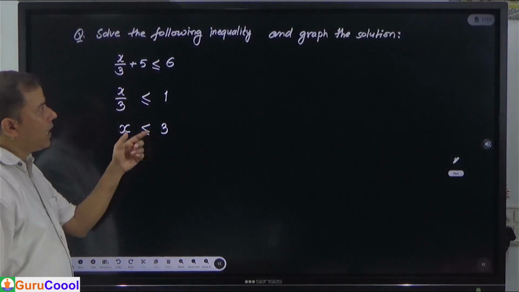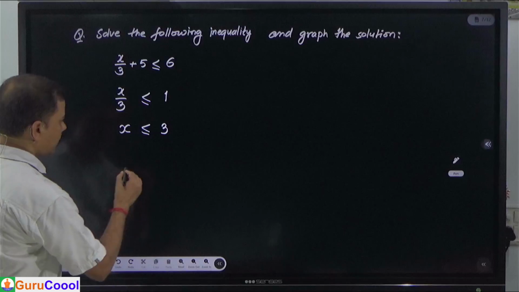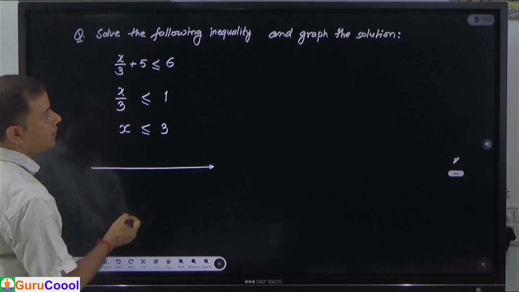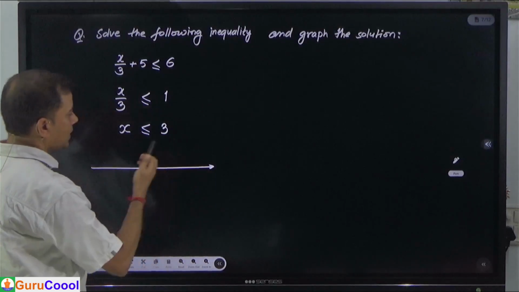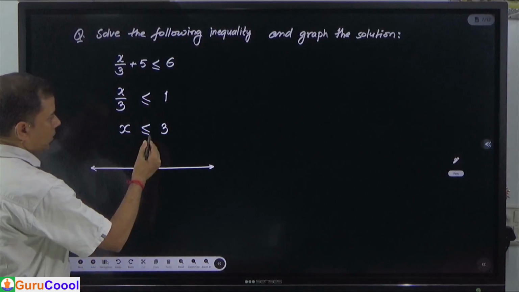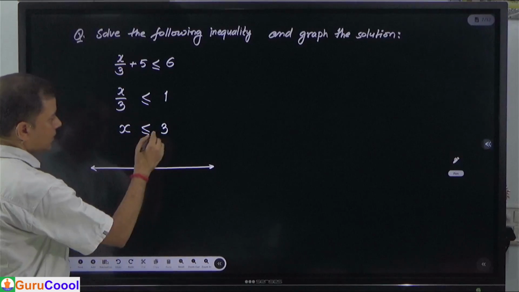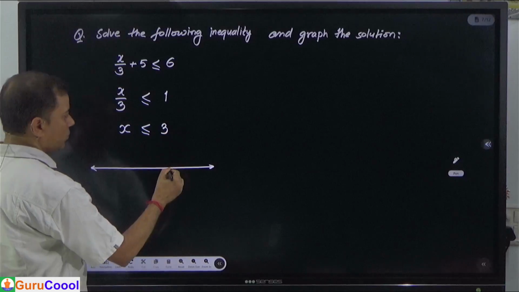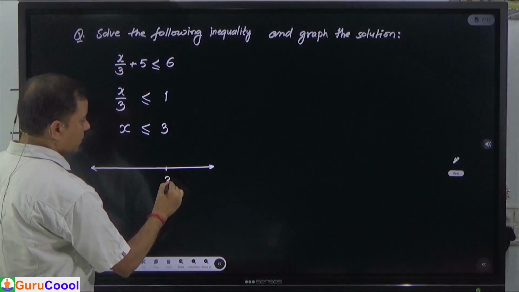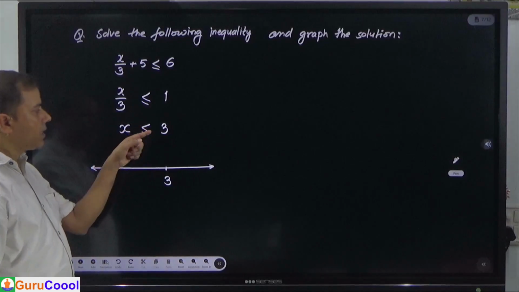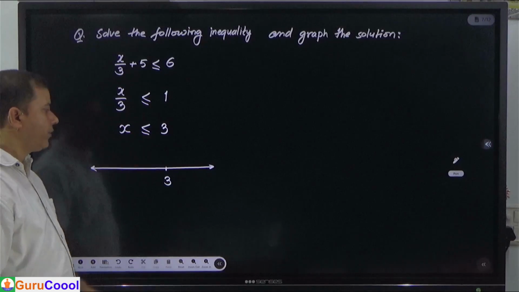Now let us see how to represent this solution on the number line. To graph the solution means representing it on the number line. On the number line, there are many numbers. We can show 0, 1, 2, 3, 4, 5, all the numbers, but presently I am showing only the number 3. It says x should be lesser than or equal to 3.